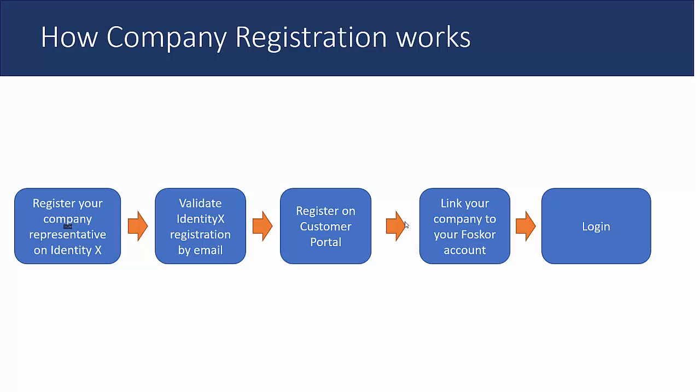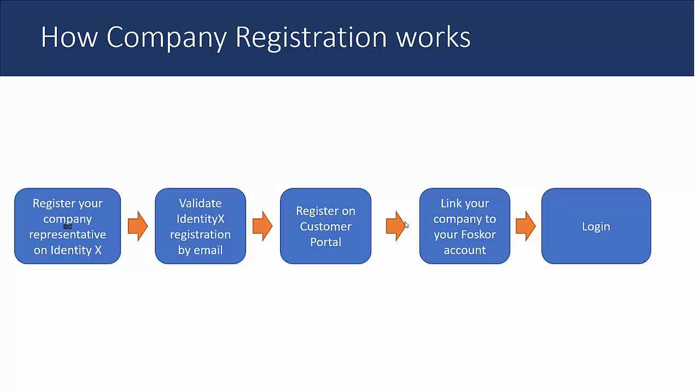The second step is to validate the Identity X registration by receiving an email and clicking on the validation link in the email. This ensures that the user and the email address used for the user is correct and linked. The third step in the registration is to convert the Identity X registration into a customer portal registration.